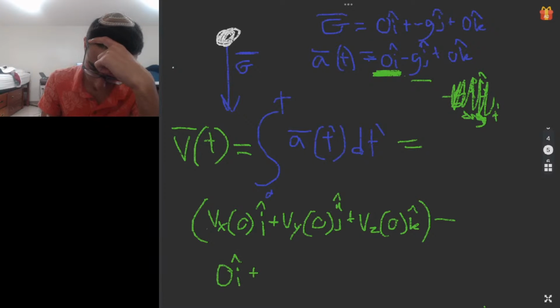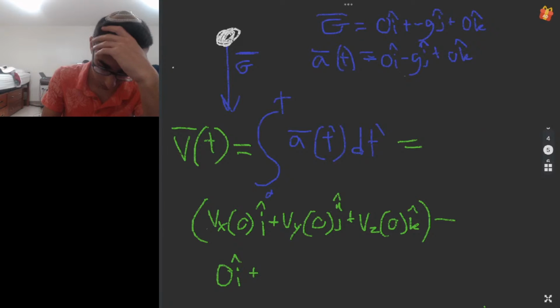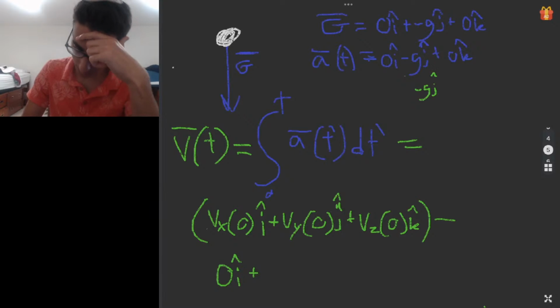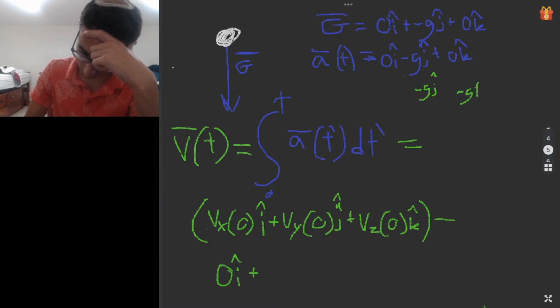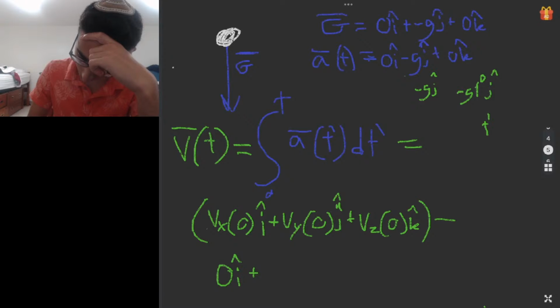Plus, we solved that this negative g j hat is the same as negative g t sub 0 j hat, and so to get the antiderivative of that, we would do t to the power of 1.